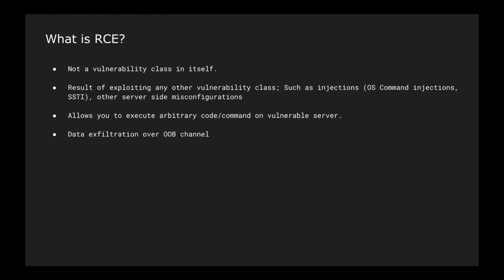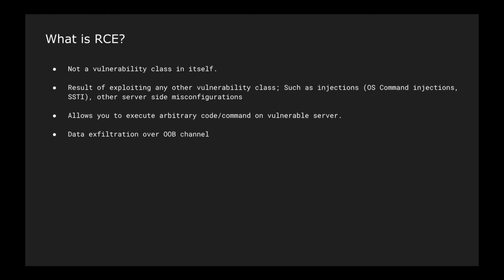The way I see it, we cannot count it as a vulnerability class, but rather an end result of exploiting a vulnerability, such as an injection vulnerability. Maybe you have an OS command injection or a server side template injection, where you will use file system APIs or process spawn of the templating engine, and that way you will be able to get RCE.